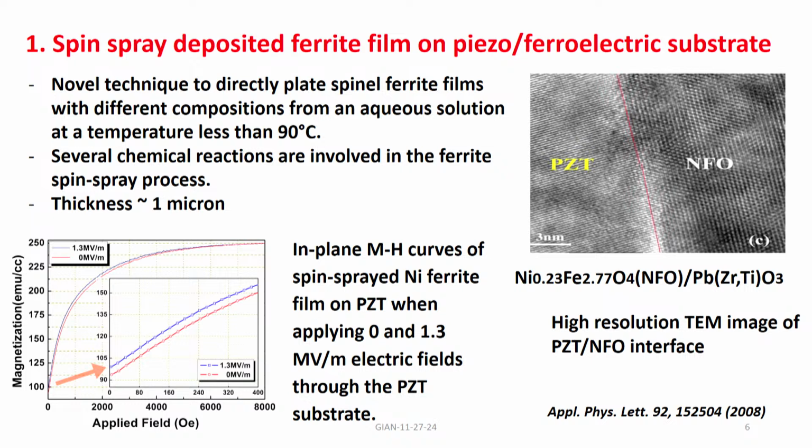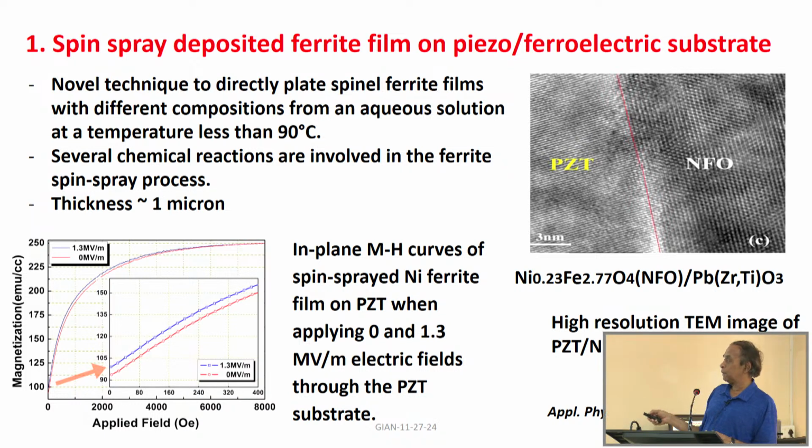nickel ferrite of this composition on lead zirconate substrate, and these are made by the spin spray deposition process. The film thickness is about a micron. What is shown here is the magnetization of this film versus the static magnetic field.